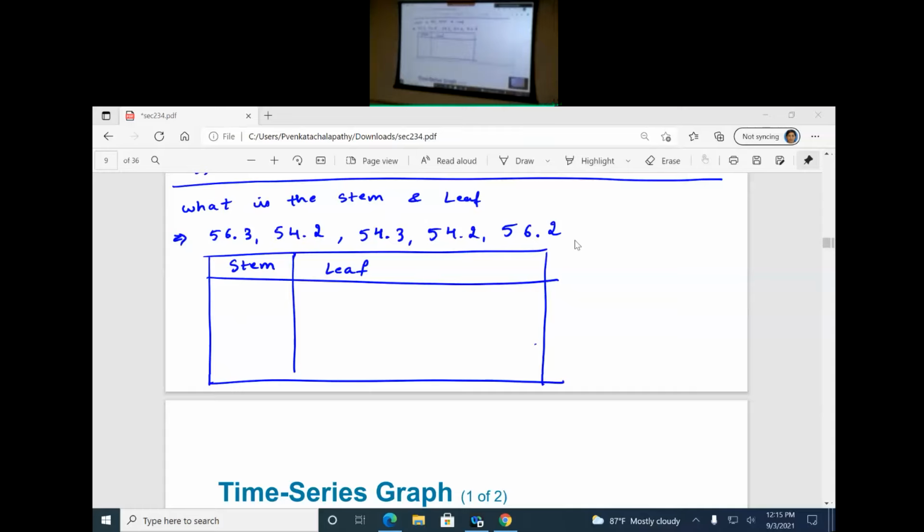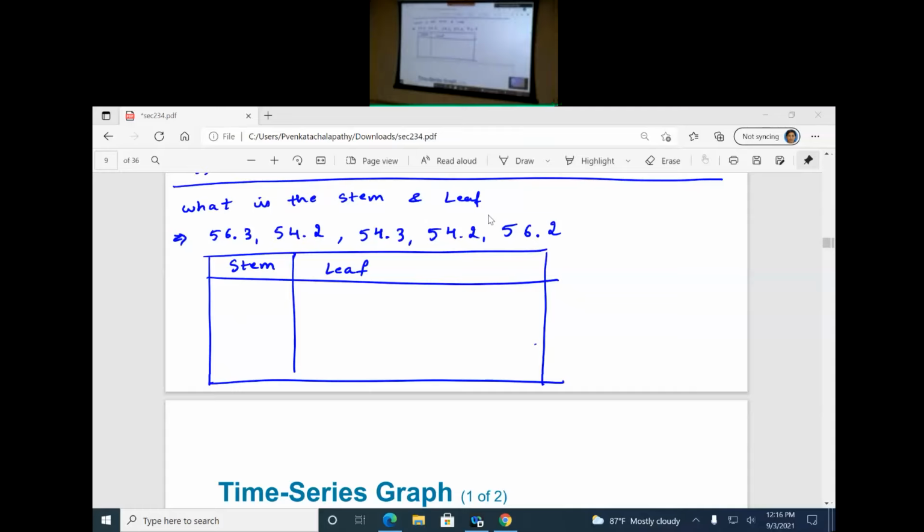Now what is the difference? Well, when you construct a stem and leaf, you have to observe the context. So if they're talking about, say, pounds of meat, you cannot have 563 pounds of meat. You cannot buy that much, right? Then it has to be a decimal, right?